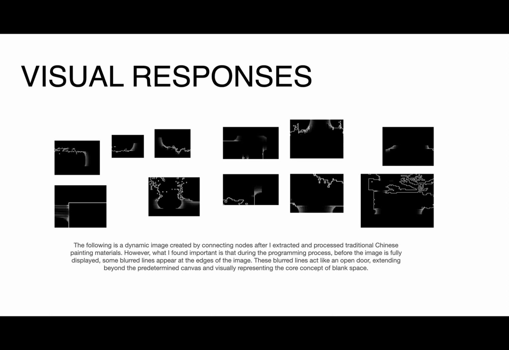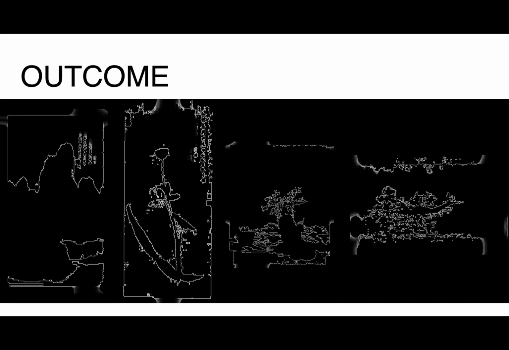However, what I found important is that during the programming process, some blurry lines appear at the edges of the image before it is fully displayed. These blurry lines are like an open door, extending beyond the predetermined canvas, visually representing the core concept of blank space. This page showcases my final outcome for the Identity and Culture module.